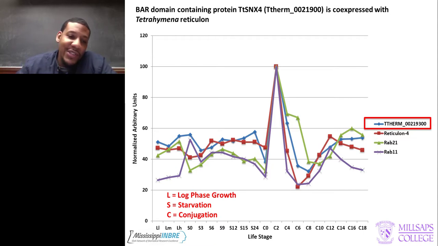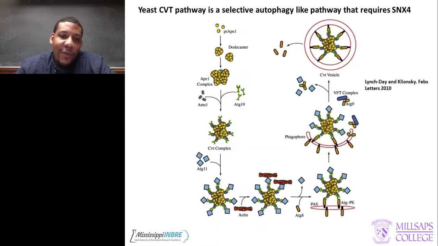So when we looked at this gene, what we found is that this gene has significant homology to a yeast protein called SNX4, okay? And it turns out that SNX4 is required for the trafficking of enzymes to the vacuole of mating yeast.